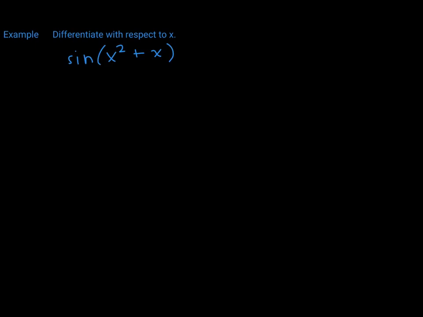If you'd like, I can show how this is a composite function. I can say let the outer function, I always like to call my outer function f, but I will say my outer function is just the sine function, and my inner function, which I'm calling g, is the argument x squared plus x.